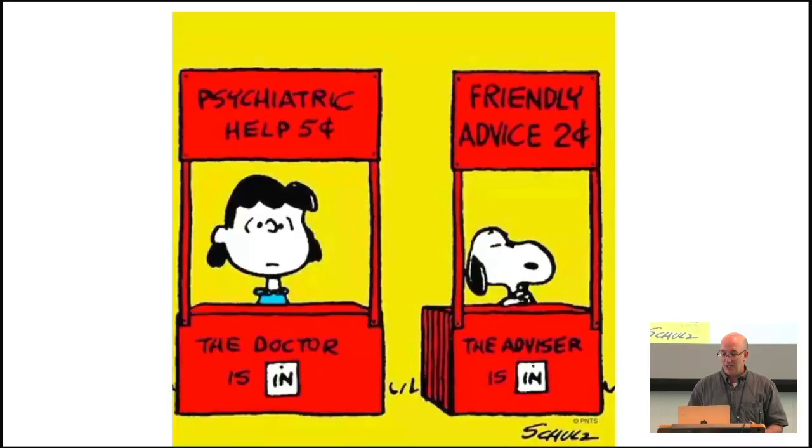But we could get friendly advice for only 2 cents. And who's going to provide that friendly advice? LLM. We are in the beginning of this era. Is this a safe place for us to go, specifically with this case study, a technical, scientific paper? Days will tell.